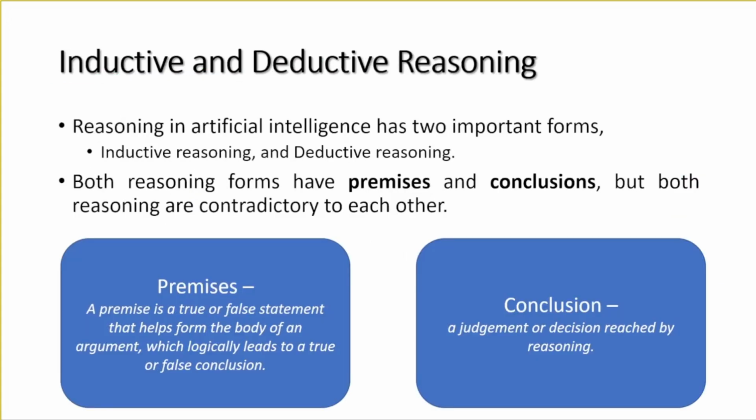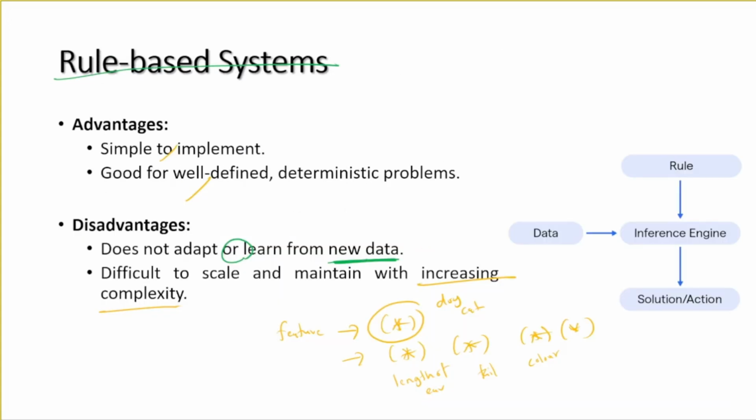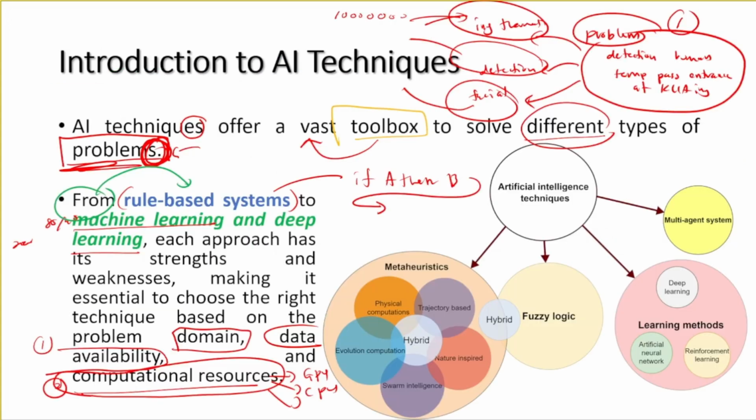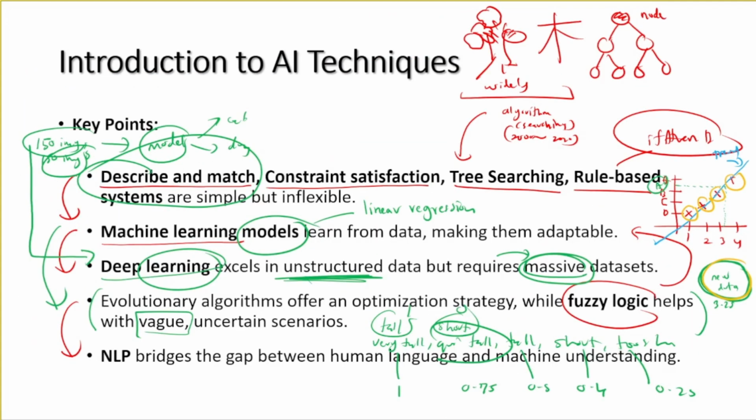Okay. Now, after we covered all of that, we did tree searching, we did describe and match, we did rule-based, and we did constraint satisfaction technique, right? Just now. I think we did this one. So we did discuss everything.